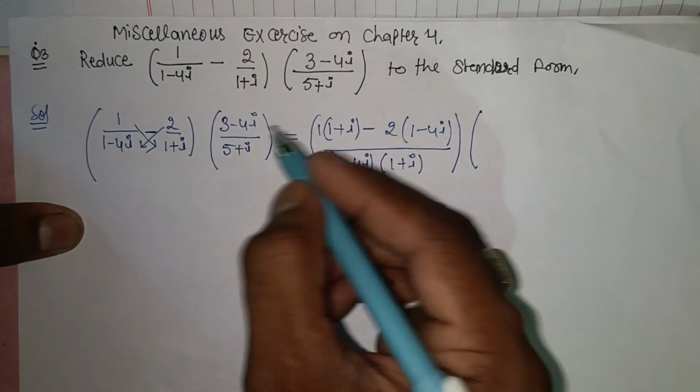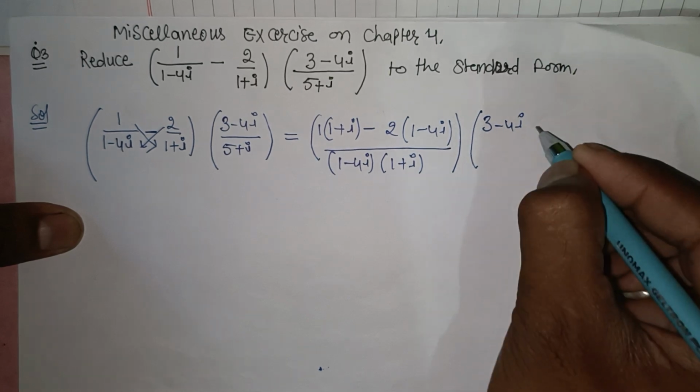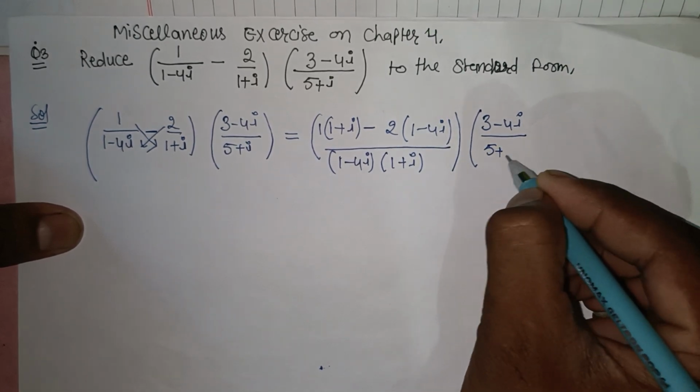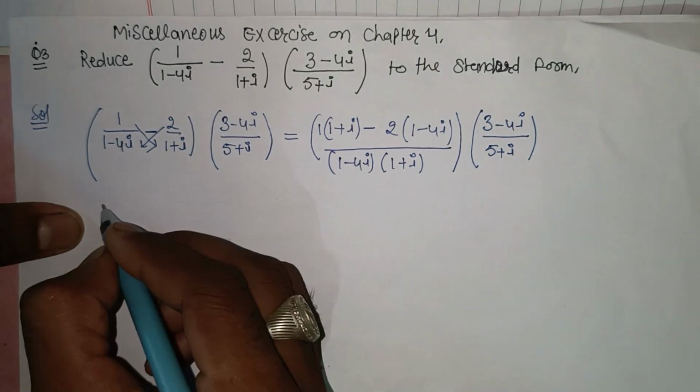Then the remaining term is 3 minus 4 iota upon 5 plus iota.